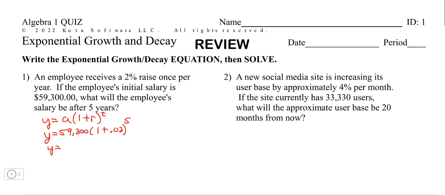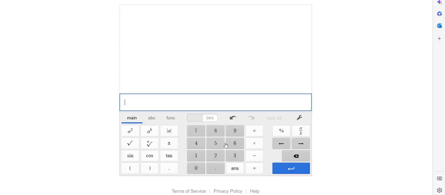So this is our equation, y equals 59,300 times 1.02 to the fifth power. And now we just need to go into our calculator and punch that in. So we have 59,300 times 1.02, and then we hit our exponent button, to the fifth power.